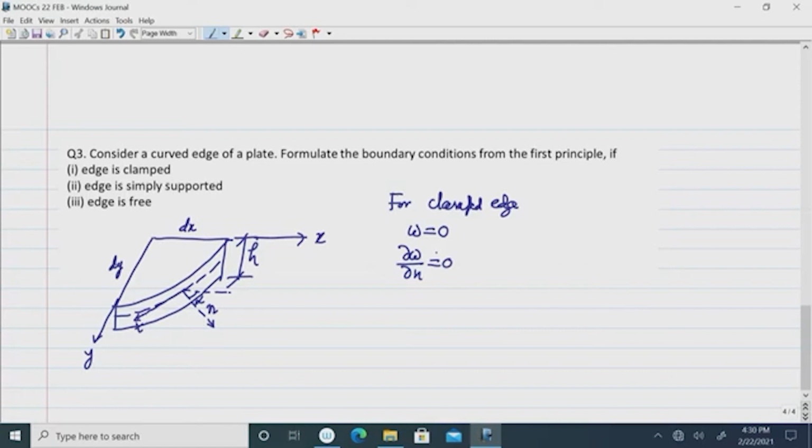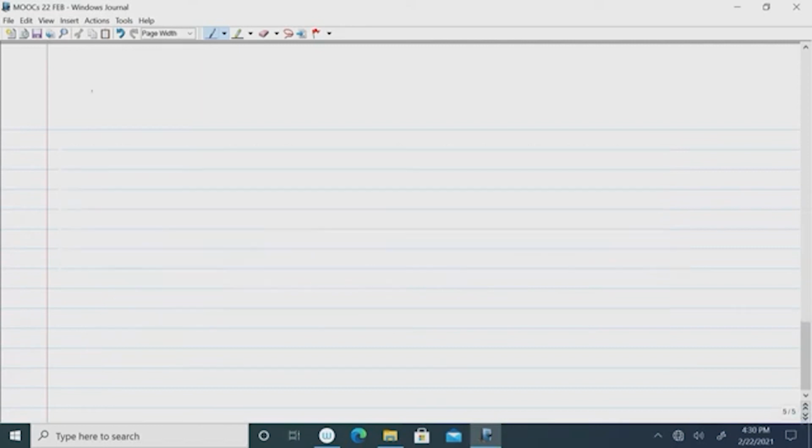Now, in terms of the Cartesian derivative, you can write it as cos alpha del w del x plus sin alpha del w del y equal to 0. So, these two equations represent the boundary conditions along the curved edge if it is clamped. Now, let us go for the simply supported edge. Second is simply supported.